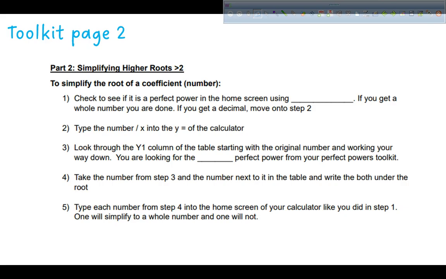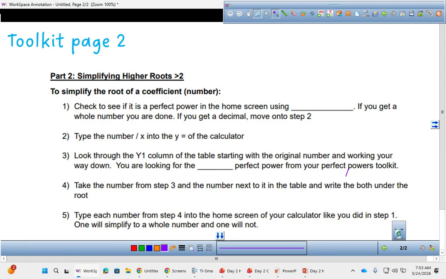It says, check to see if it's a perfect power in the home screen using. Now this is different. A square root you can hit second x squared, but a 3rd root you can't. Second x squared is going to give you a square root. So to get a 3rd root, a 4th root, a 5th root, we're going to hit math 5, I believe.